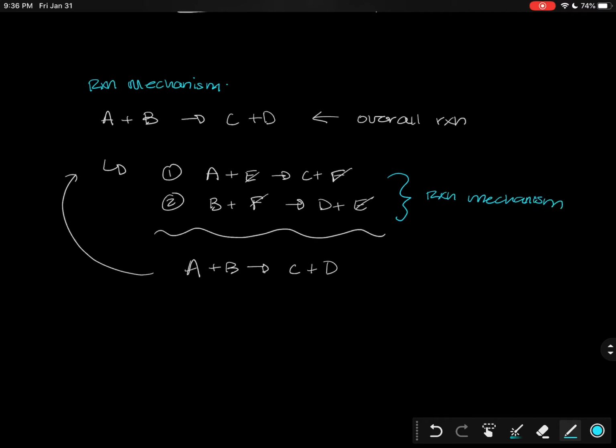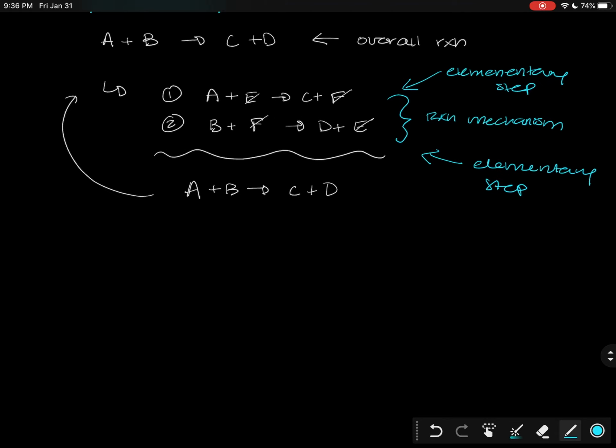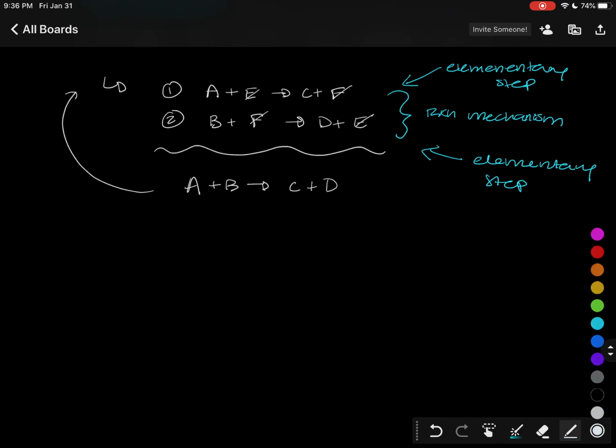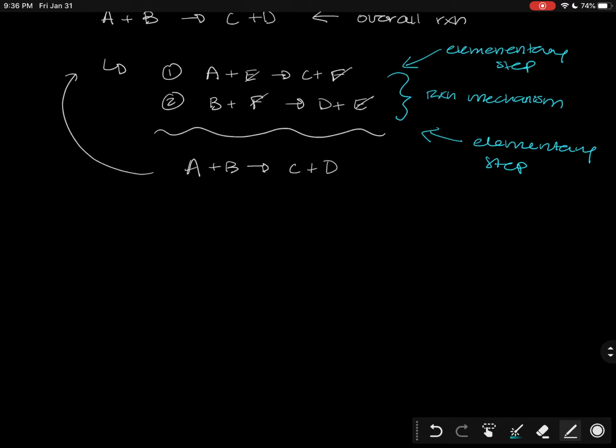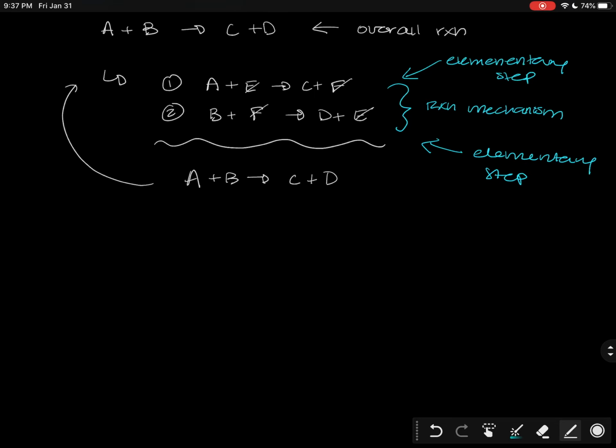But then if we just look at step 1 alone, that's an elementary step. And then same with just step 2 alone, that's another elementary step. Okay. So now we know what an elementary step is. Let's figure out how we could actually determine the rate law expression if we're just given our elementary steps.